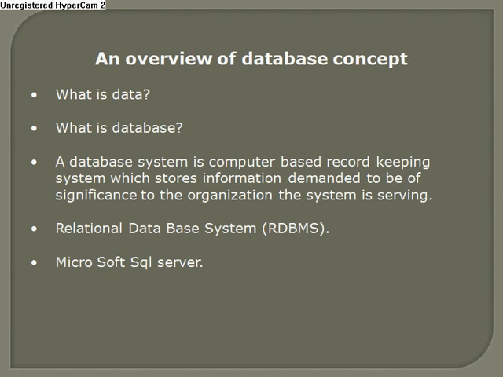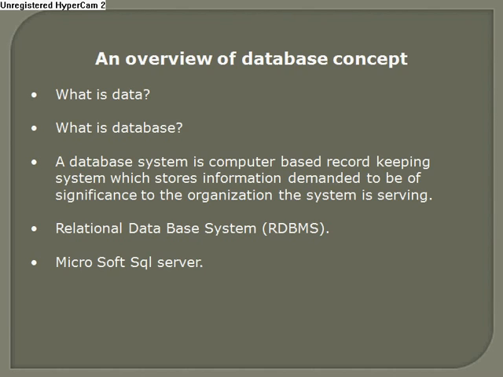Now what is a relational database management system? In the relational database management system, all the records and all the information are stored in the form of tables. Tables means something having rows, columns, cells, and this type of things.